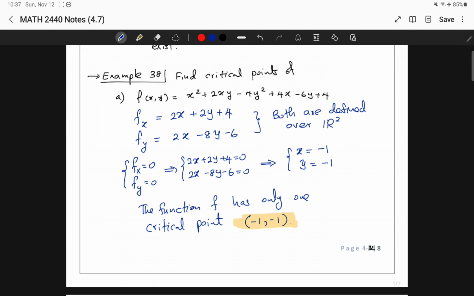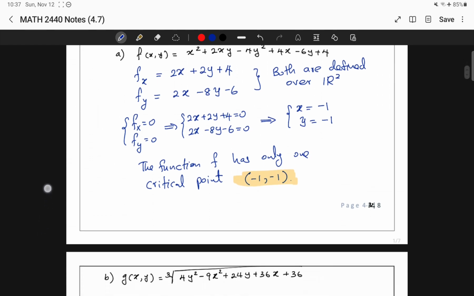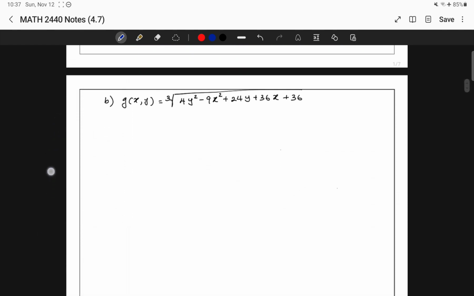Okay, so that's the way to find critical points. Right, now this is part A of the example. Let's go to part B.